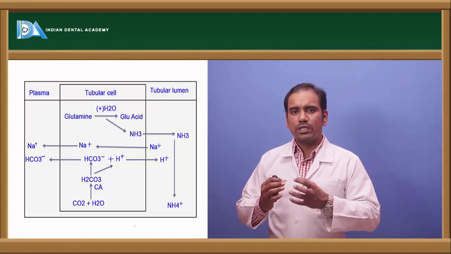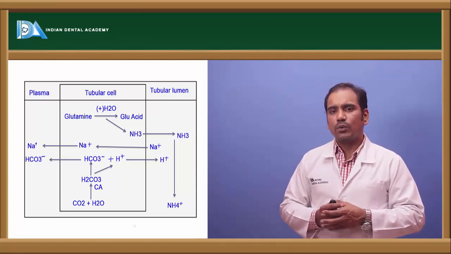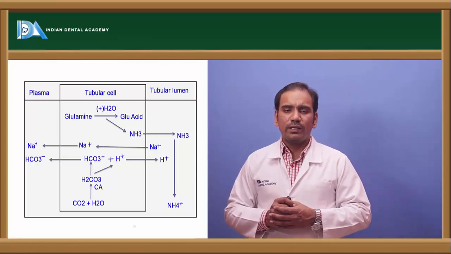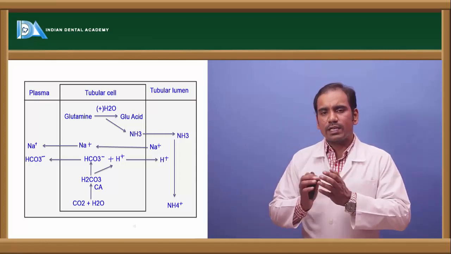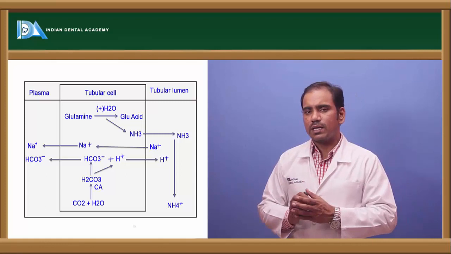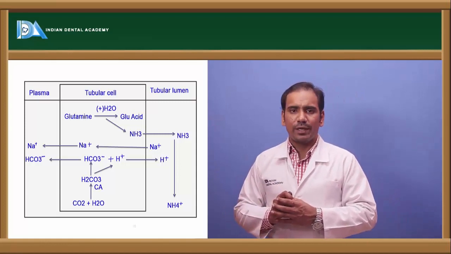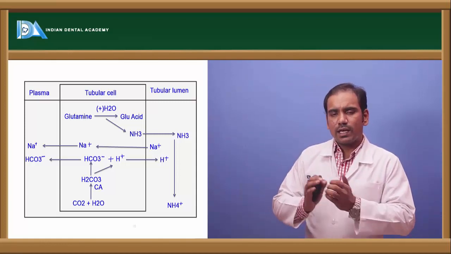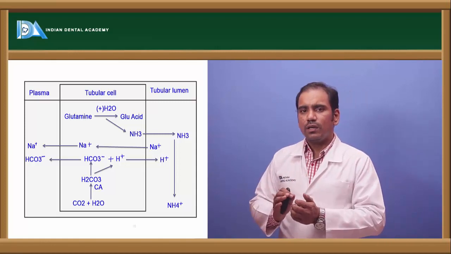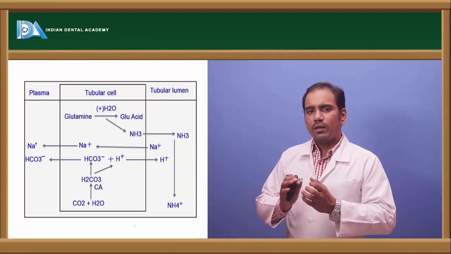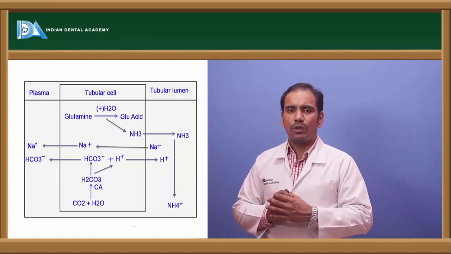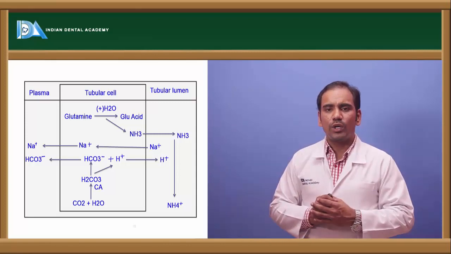That ammonia released in the DCT cell now enters the tubular lumen. In the tubular lumen, it combines with H plus ions and is converted into ammonium ions. So the H plus ions released into the tubular lumen react with the ammonia and are converted into ammonium ions.